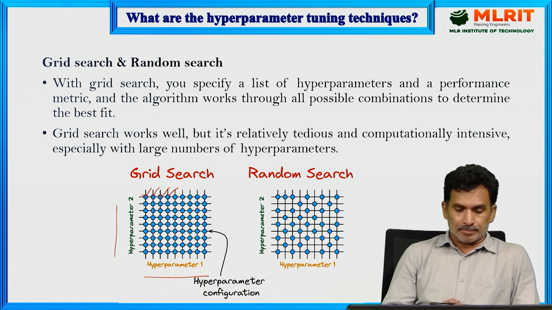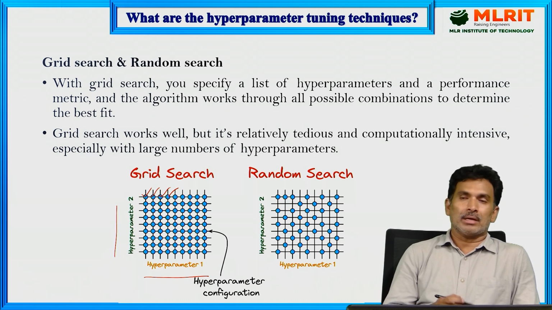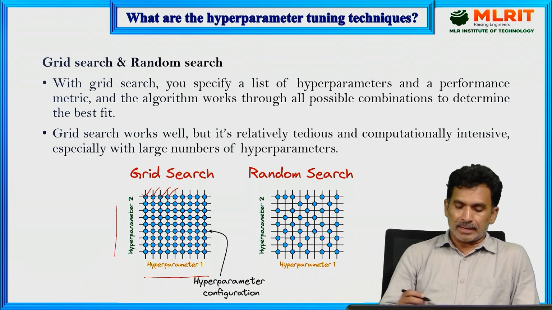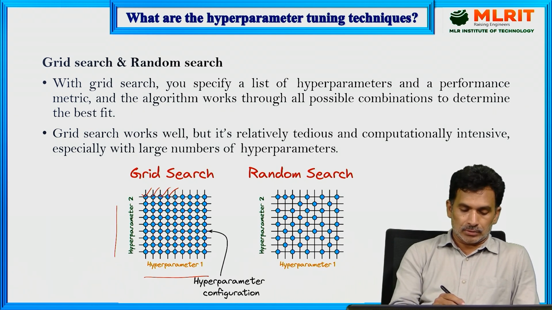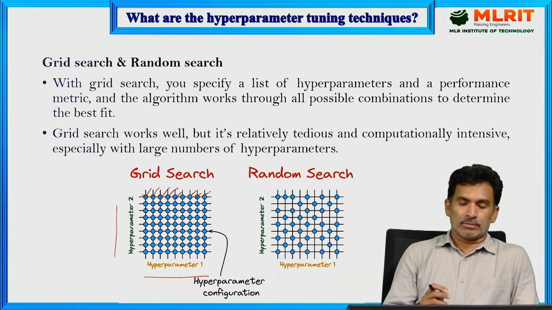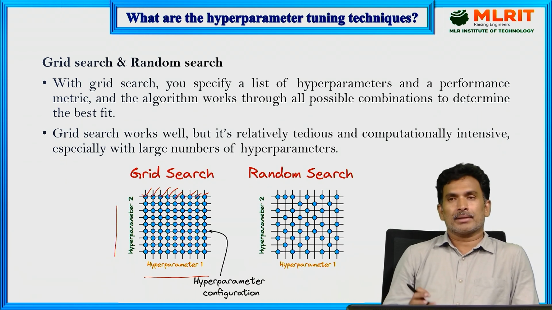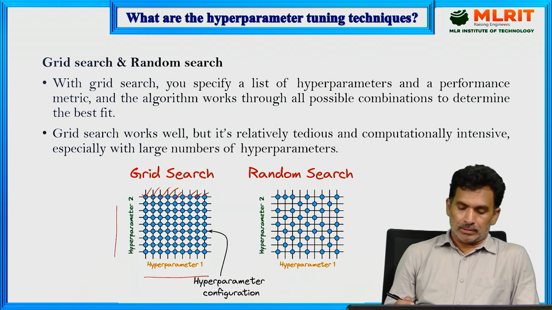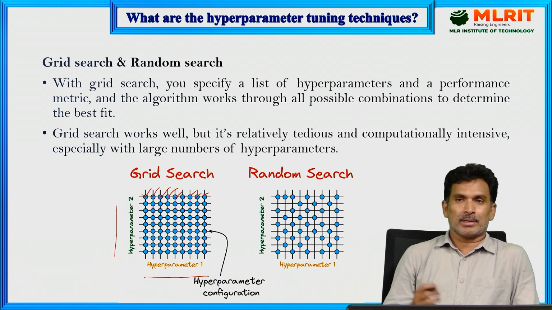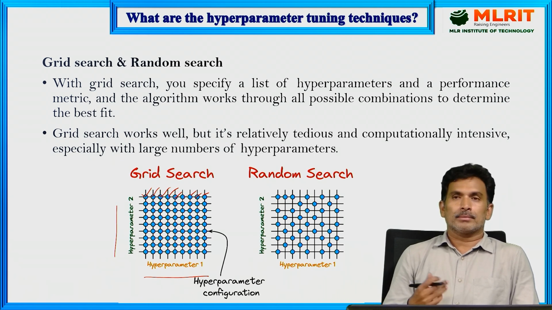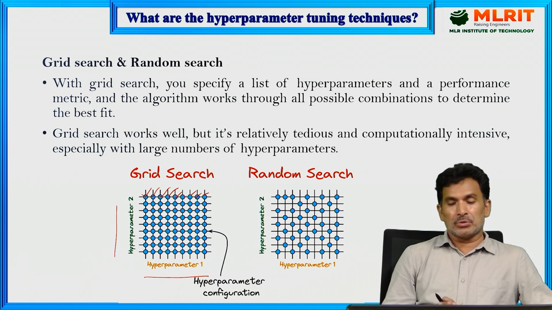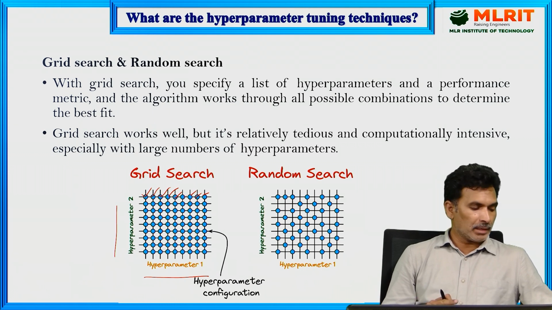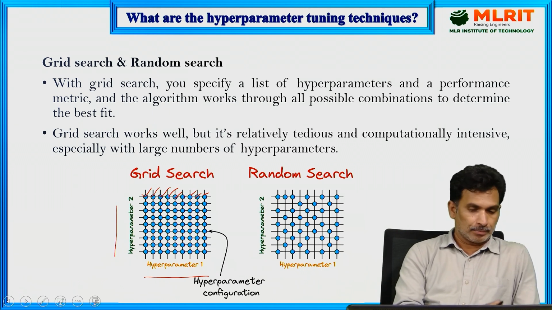That's why it is computationally intensive. Whereas in random search, there is no need to use all possible values sequentially. You can randomly select a combination of hyperparameter 1 and hyperparameter 2, and then train the model. This is the way we use the hyperparameter tuning techniques.